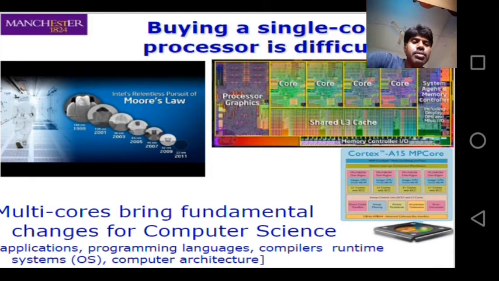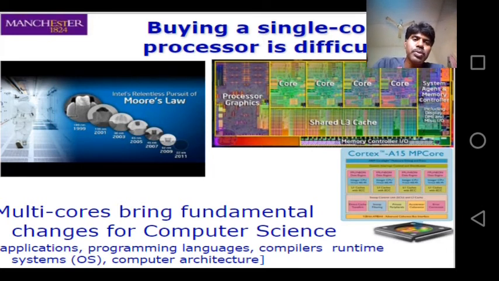Yes, it is understandable. But here you see the words Cortex A15 MP core, and system agent and memory controller. If you look at the diagram, processor graphics is a dedicated processor.